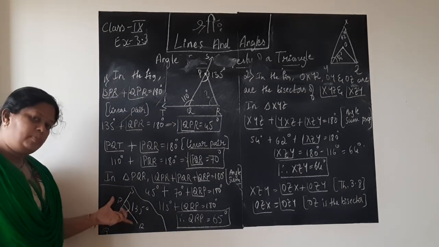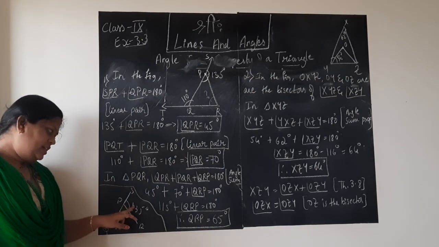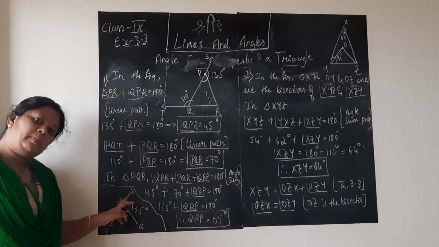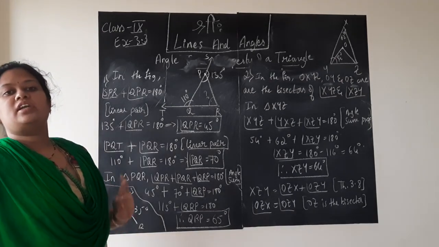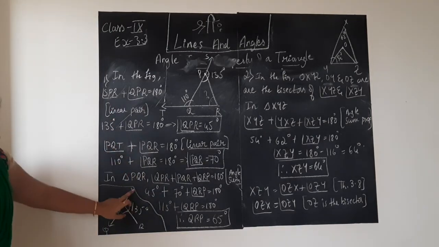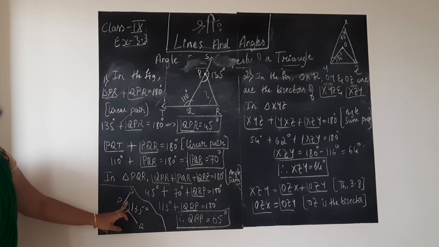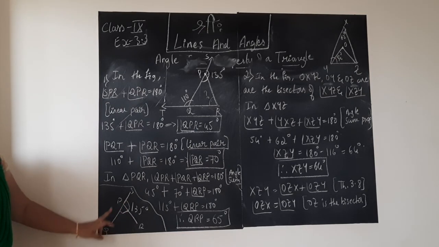We studied in the previous session, children, if a ray stands on a line, then the adjacent angles or the linear pair of angles formed are supplementary. Supplementary means 180 degree. So now angle SPR, that is this angle, plus angle QPR, either way you can take.